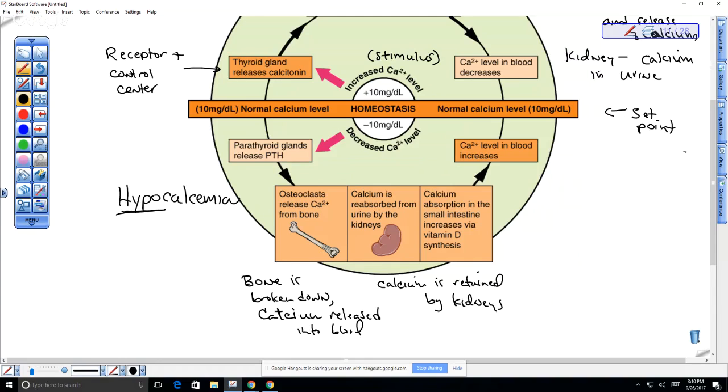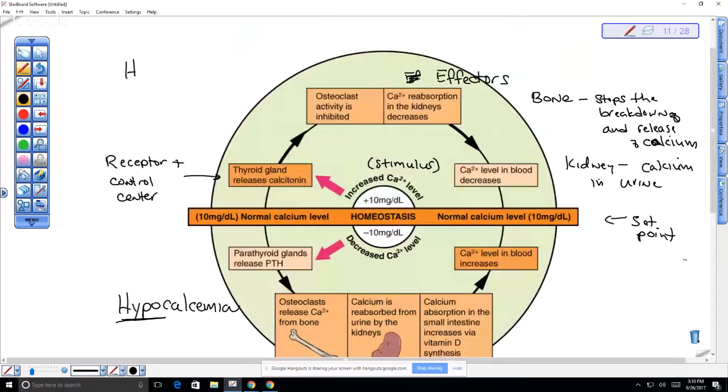Hypo is low, right? So that's used a lot. Hypothermia would be that you are cold, right? So what's the opposite of hypo? Hyper, right? So if your calcium levels are too high, you have hypercalcemia.